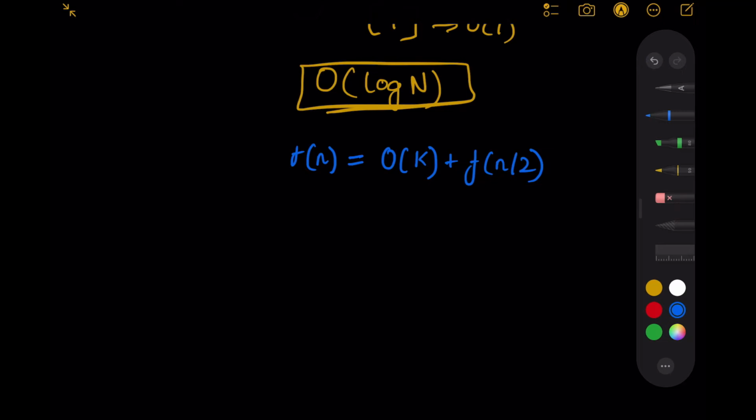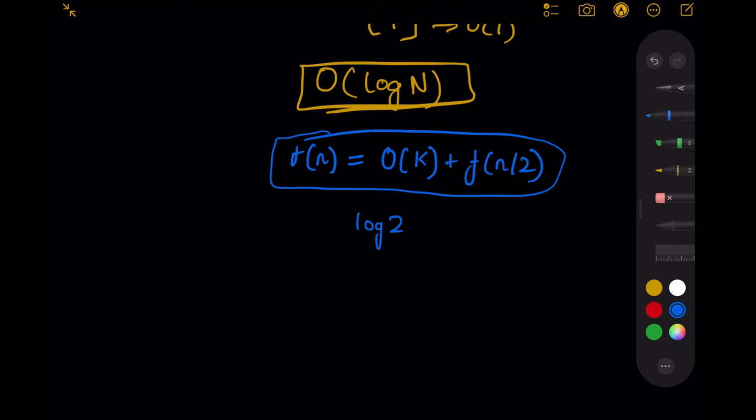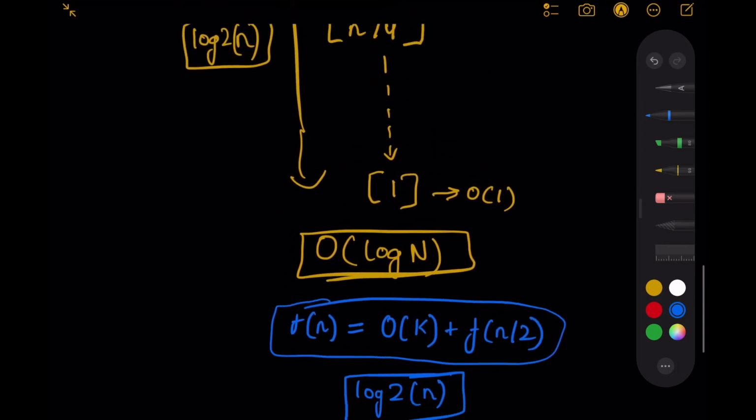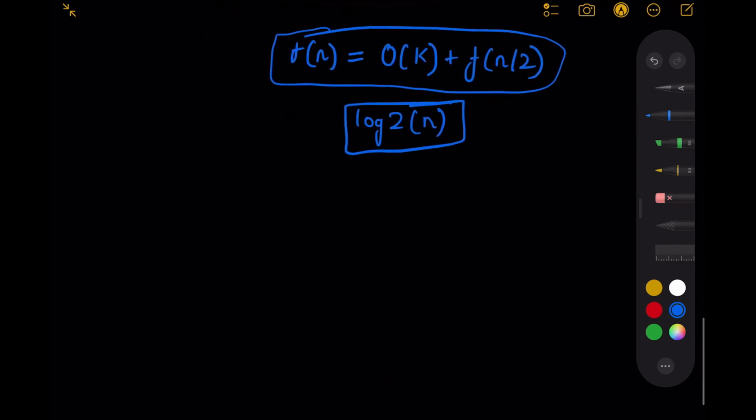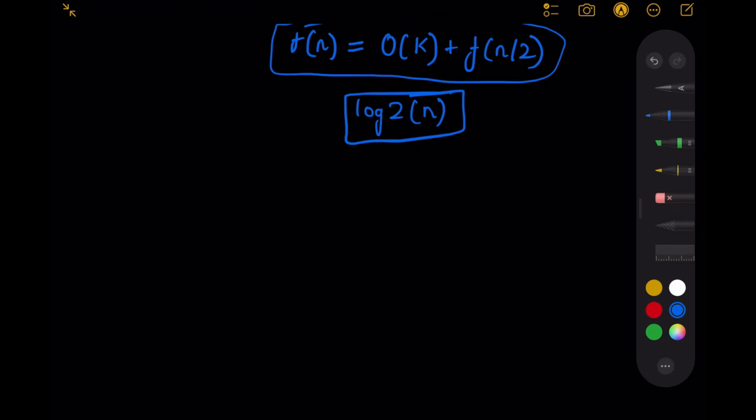It could be the left half, it could be the right half. We know that when we solve this recurrence relation, it again comes out to be log n to the base 2. So using this recurrence relation as well, we can prove that the time complexity is going to be log n. But I think the intuition and the tree approach for proving the time complexity is much better than this.